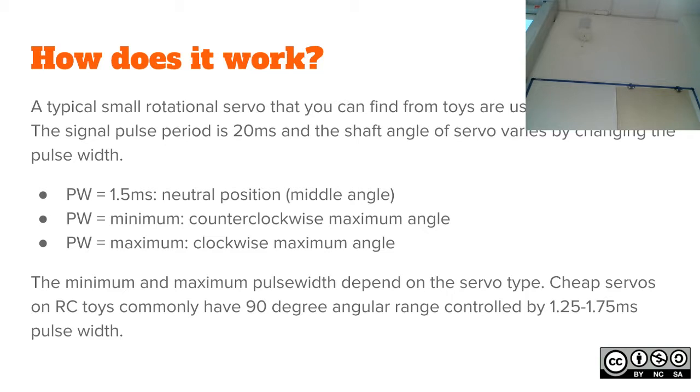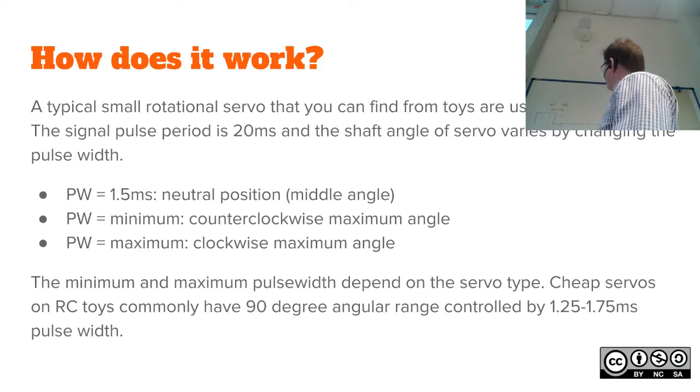And guess what we have here? This is the state of the art cheap servo. Very simple device. You just have those 3 wires and pulse width. Pulse width tells the angle, for example, from minus 90 degrees to plus 90 degrees.